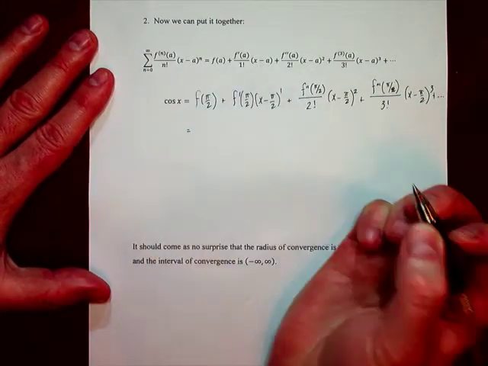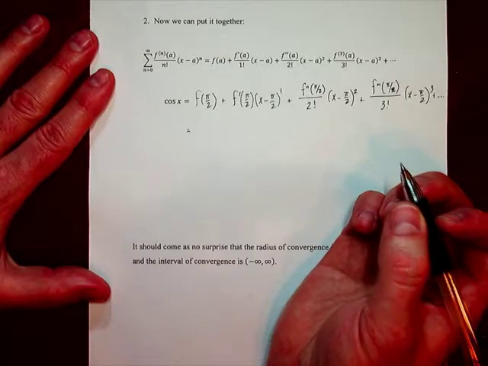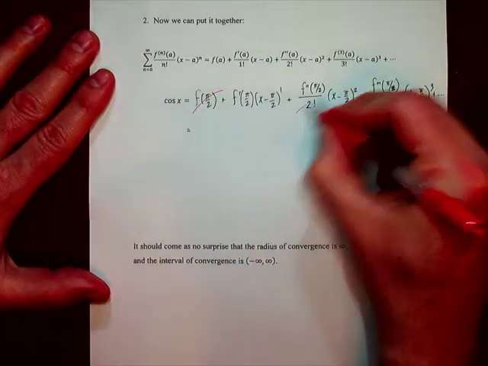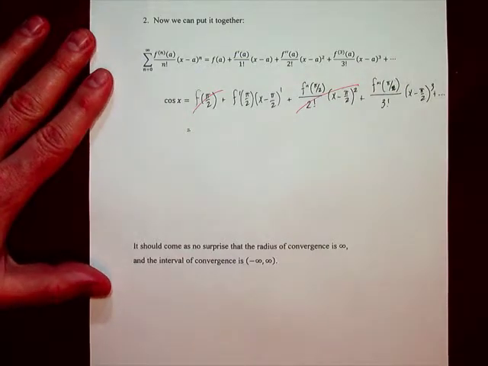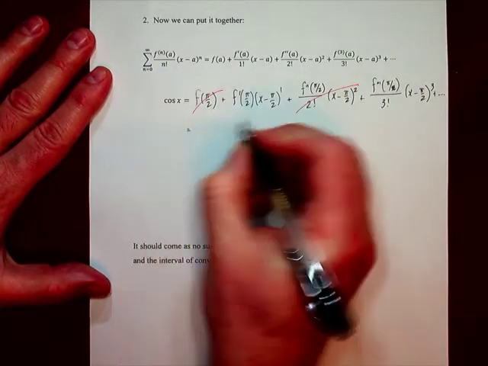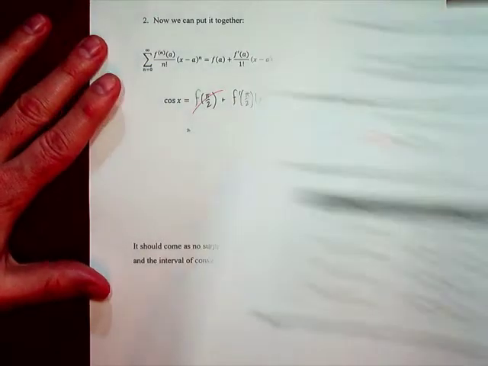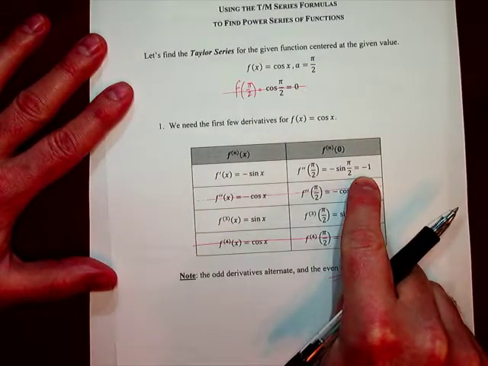Like I said, what happens here is f of pi over 2 goes to 0, that goes to 0, and all that's left is your odd degree terms. Now, f prime of pi over 2, remember, that started off at negative 1, okay?